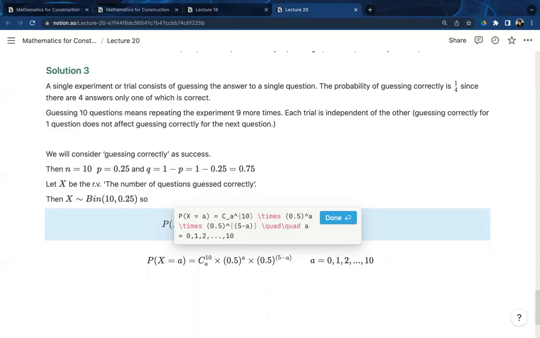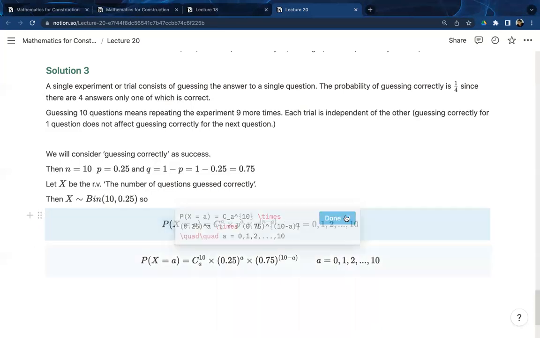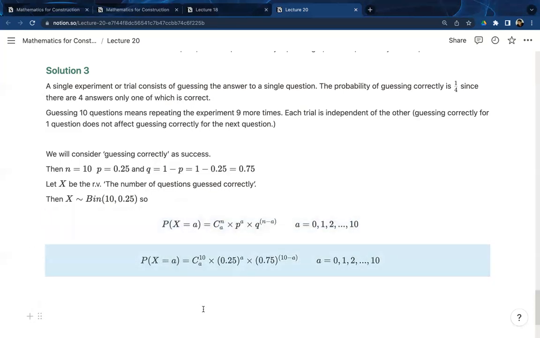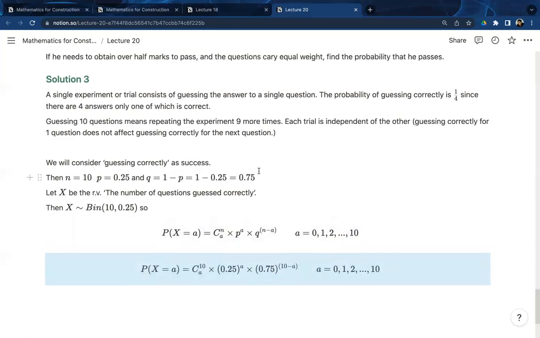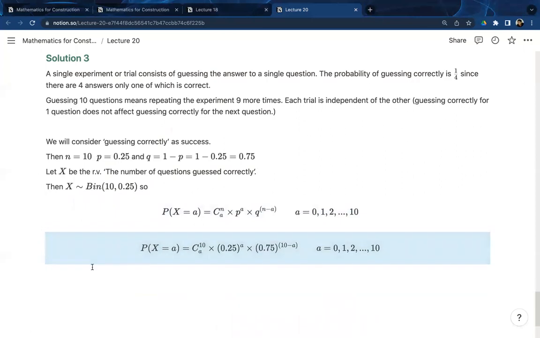It's 10 choose a, multiplied by 0.25 to the power a, multiplied by 0.75 to the power 10 minus a. This is the probability that X is equal to a particular value. So if you guess 2 questions right, it means 2 of the 10 were 0.25 and 8 of them were 0.75, and then how many ways you could get 2 out of 10, right? So that's what they're asking for in part 1.